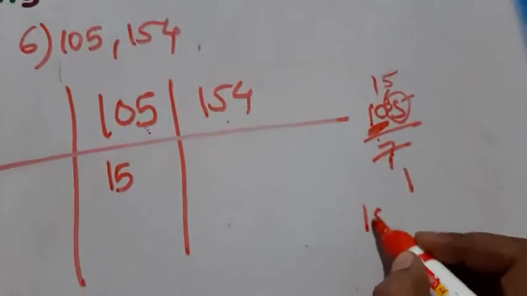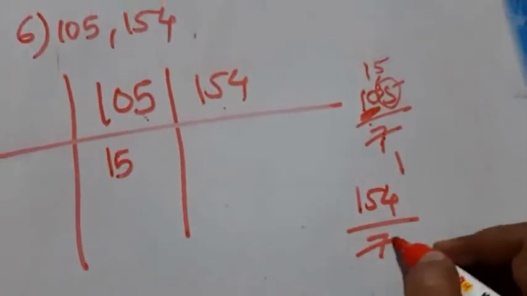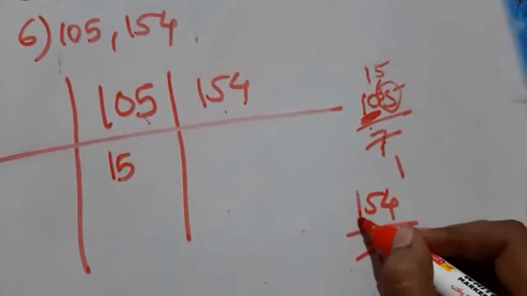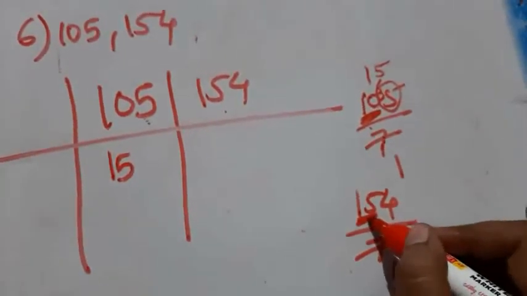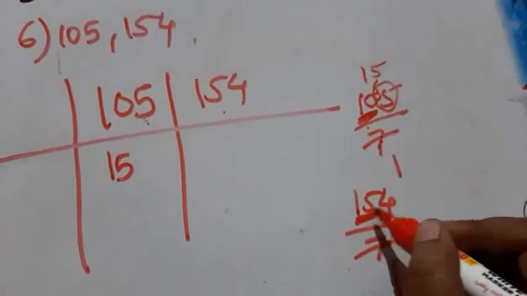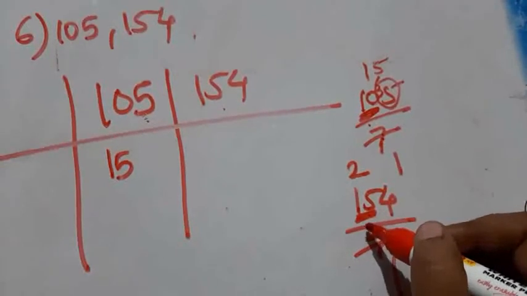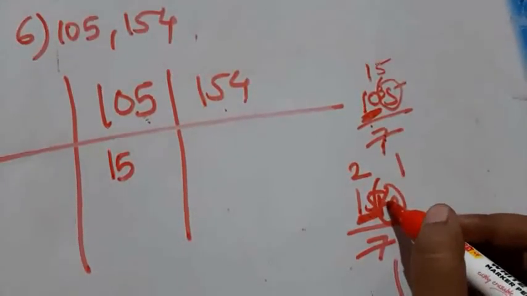Now for 154 we will check if it is divisible by 7 or not. 7 ones are 7. First digit is 1. So consider next digit also. Number is 15 now. Count up to 15. 7 ones are 7. 7 twos are 14. So 15 minus 14, 1. So 1 will come here. So 1 4, 14.